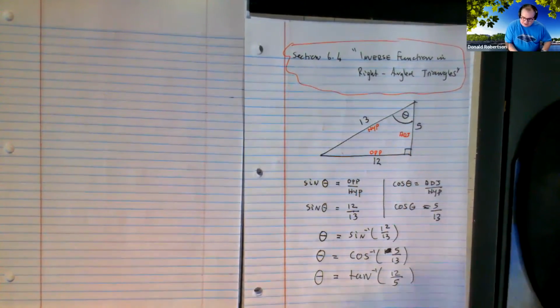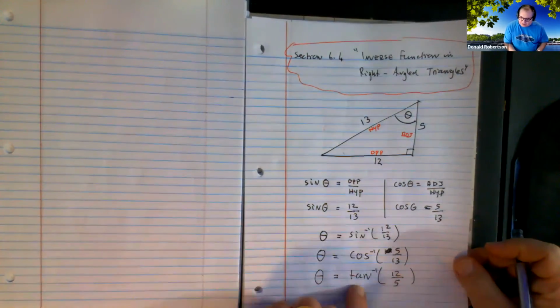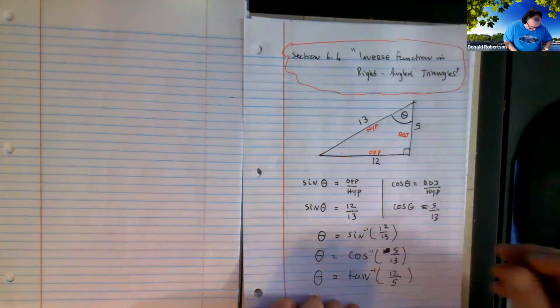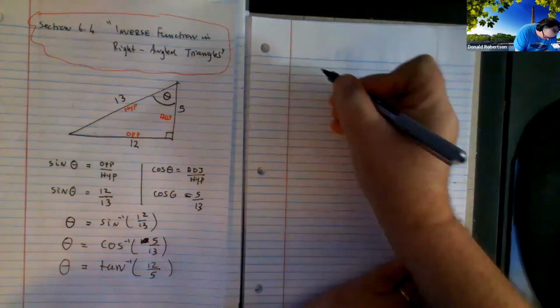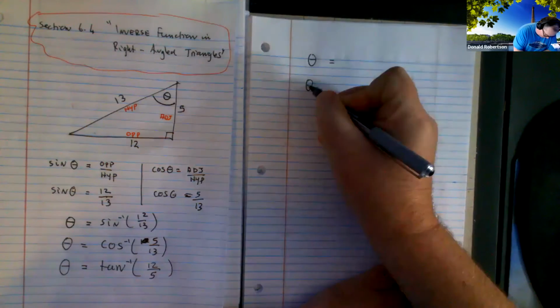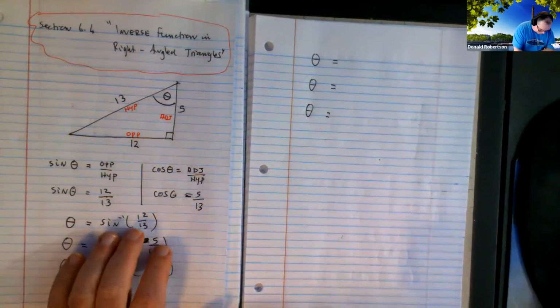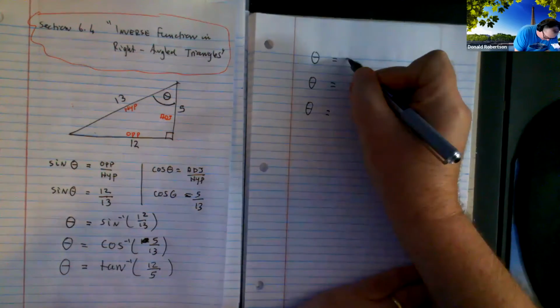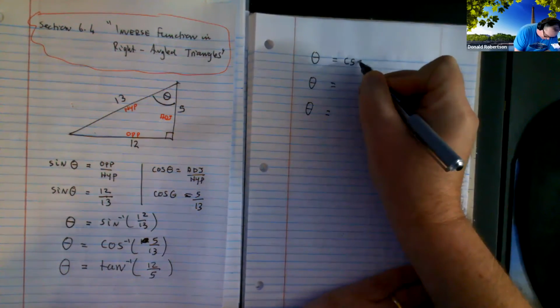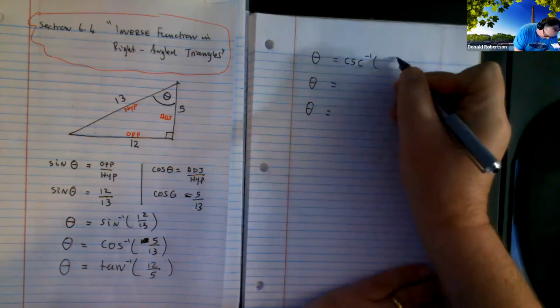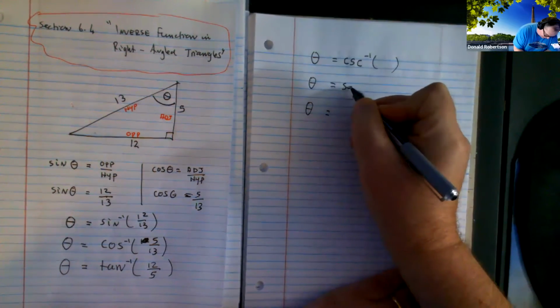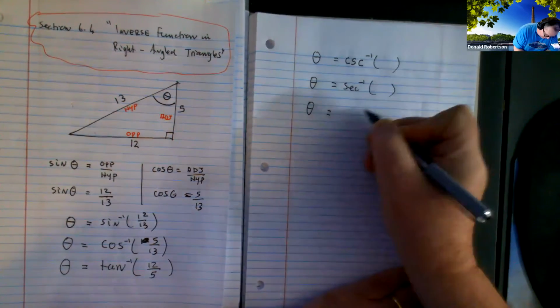Right. Now, those three guys you probably used from time to time, but they're not the only guys. There are three more guys that you probably will never use in any practical way, but it could happen. There is an inverse cosecant, there is an inverse secant function, and there is an inverse cotangent function.